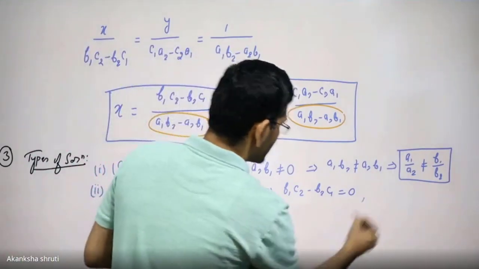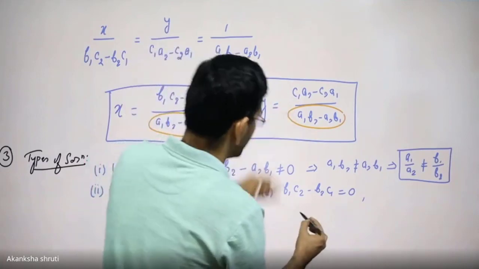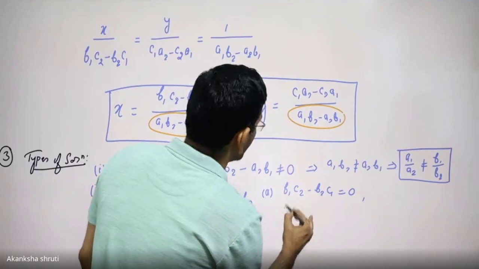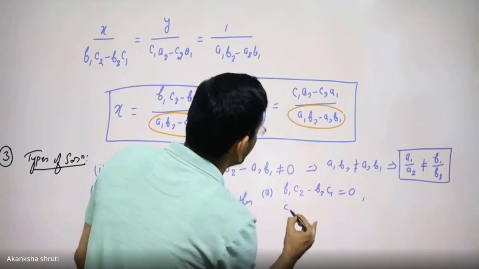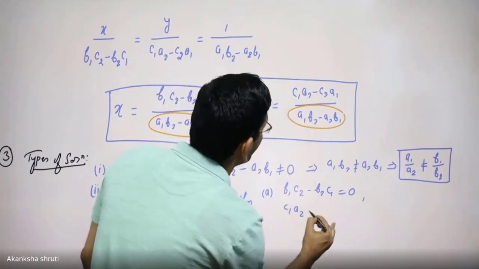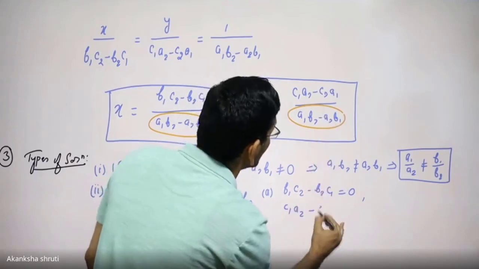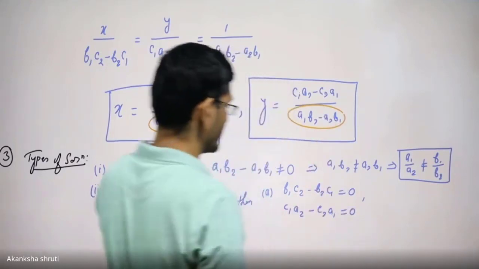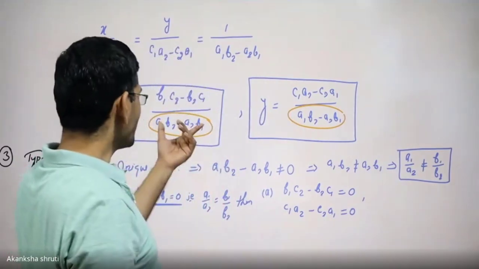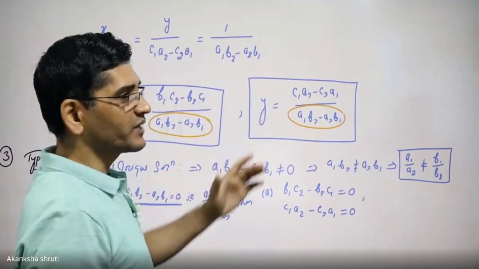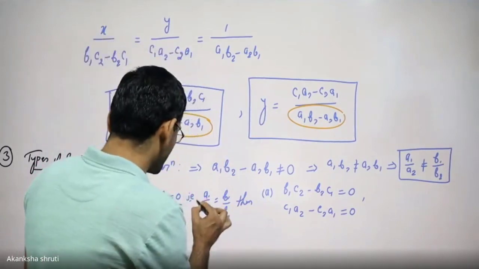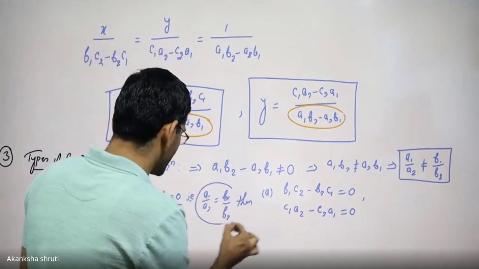Also, the other numerator may be 0, say c1 a2 minus c2 a1 is also 0. Means the denominator is 0 and both numerators are 0. Then let us observe: when the denominator is 0, we have this much condition.